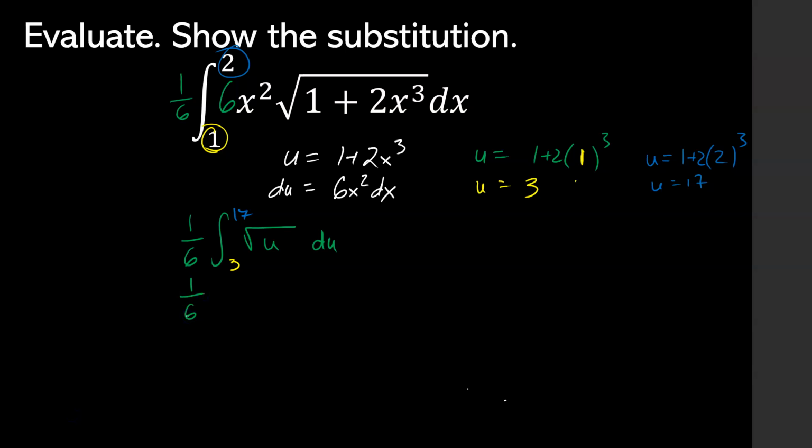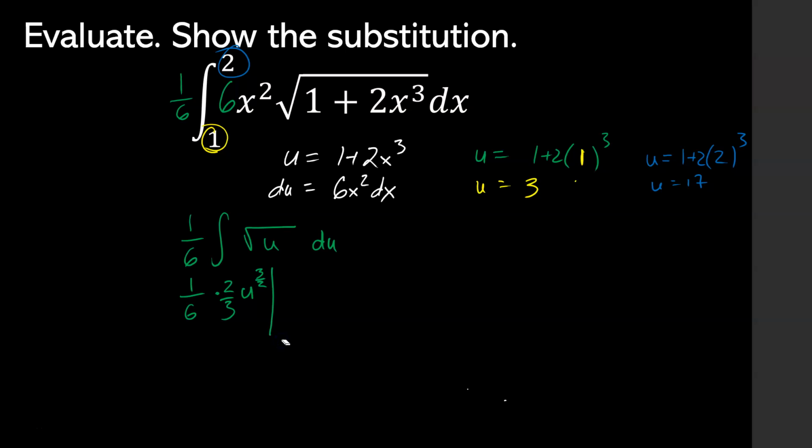Well, the square root of u is u to the 1/2, so the antiderivative of u to the 1/2 is u to the 3/2 times 2/3, and we're going to evaluate from u equals 3 to u equals 17. Now a minor point here, but I think it's a major point. A lot of teachers and textbooks would just write a 3 here and a 17 here. Why not do that? Well, because we substituted. And so I guess a common error would be, instead of having 3 and 17, you might screw up and have a 1 and a 2.